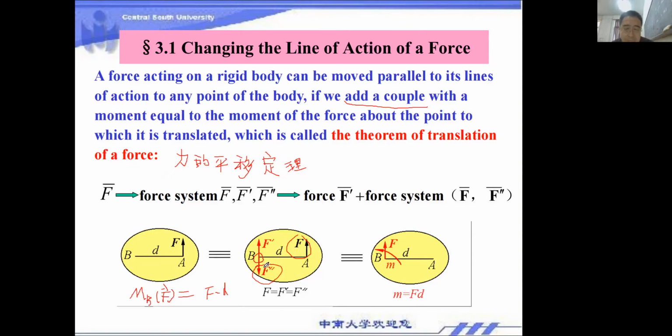So we can erase this one and use this M to equal this. Because a couple has no location, only has a plane of action. So it's the same as this. That's the final result. So I think that our time's up.